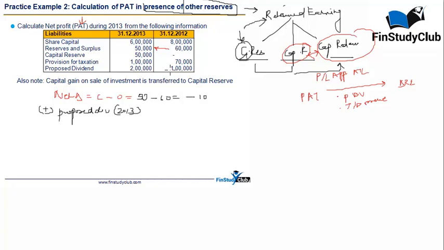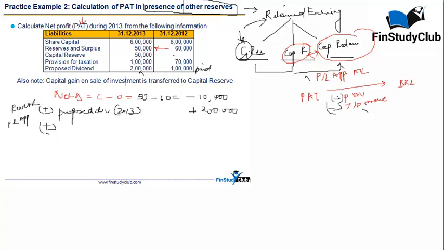So my assumption stays that 1 lakh must be paid, must be for the previous year, and 2 lakh must be the one which has been proposed for the current year. So I am adding that back. And then, like I said, if during the P&L appropriation account some money has been deducted by transferring it to the reserve, I got to add that back, because I am actually making a reverse P&L appropriation account.